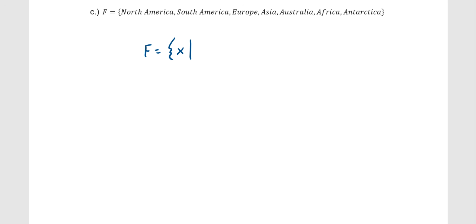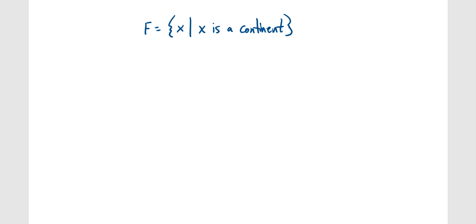Well, these are continents, so we can say the set of all x's such that x is a continent. And that is all we would have to say for this one. Okay, so they're not always going to be numerical. They can be something like this, where in this case they represented continents.